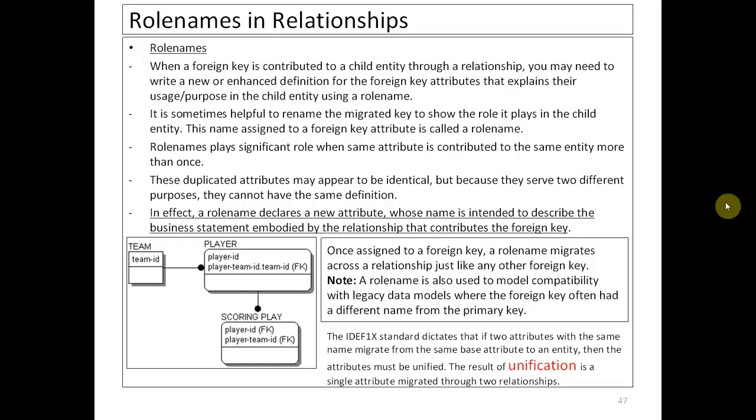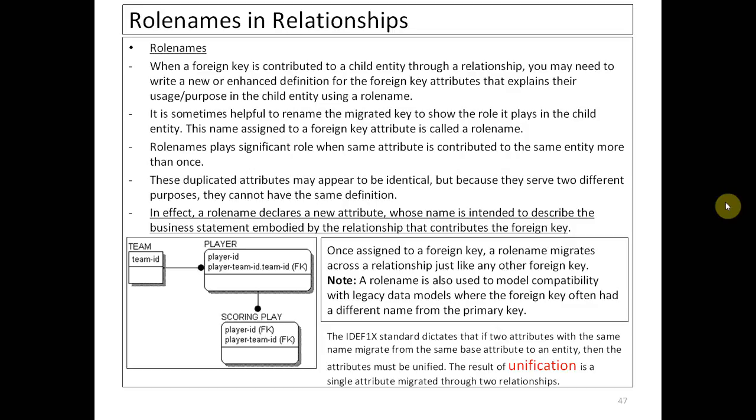For example, in trading where there is a buy price and a sell price, the price itself is fine. But when it is a buy price, that is again a price, but it enhances the definition of the price. Similarly, sell price is again a price, but it enhances the purpose or the objective of that particular price column.